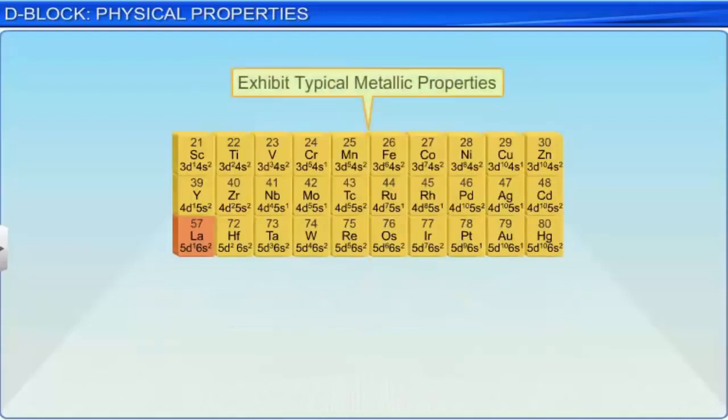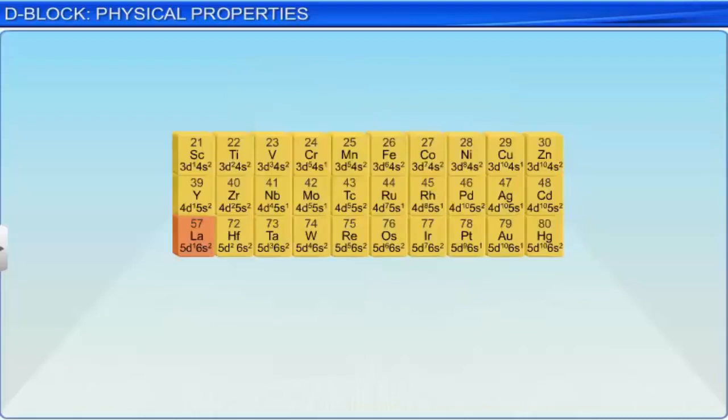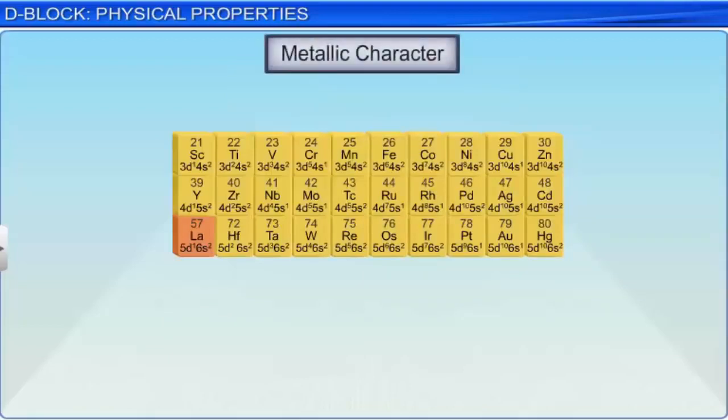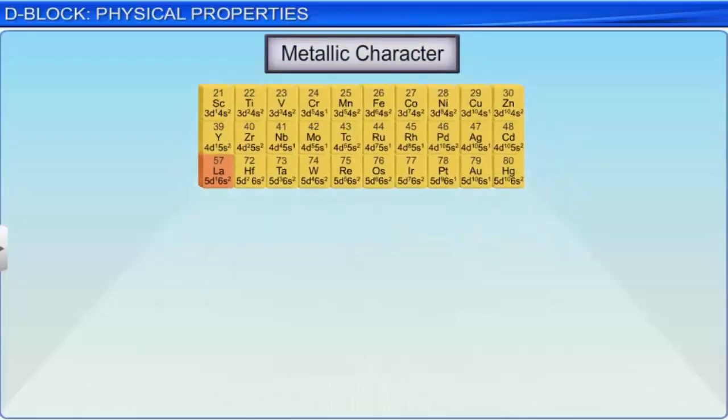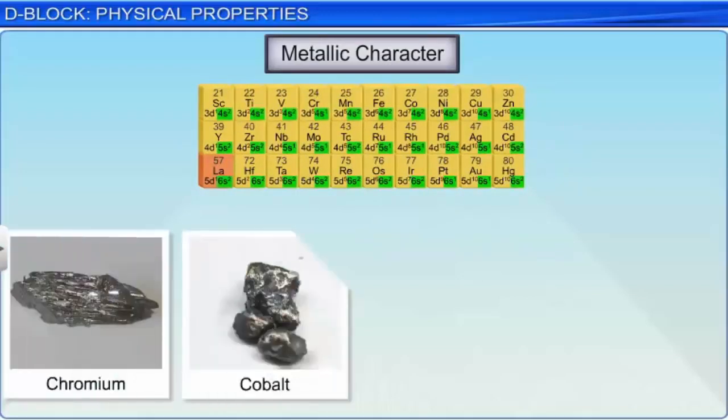Nearly all the elements exhibit typical metallic properties. Let us review some of them in detail. First, let us look at the metallic character. As the number of valence electrons in these elements is very small, all of them are metals.